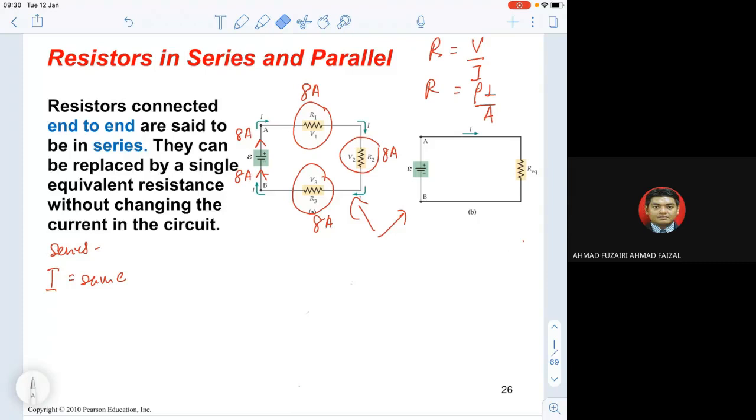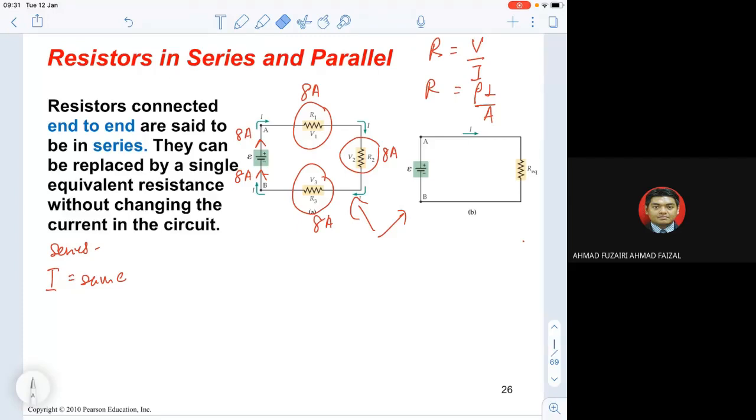So look at the figures. The one that we should have different terms. The current is the same throughout the road, meaning that current will flow on R1 as 8 amperes, will also flow at 8 amperes on R2, and will also flow on R3 as 8 amperes.